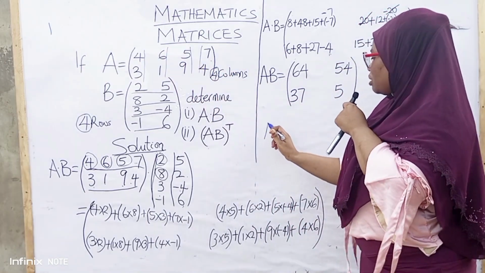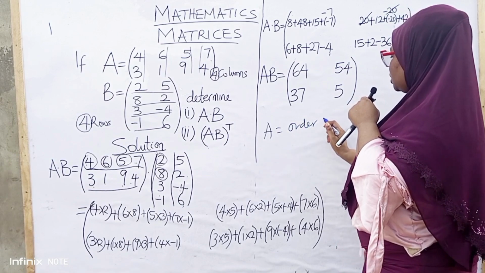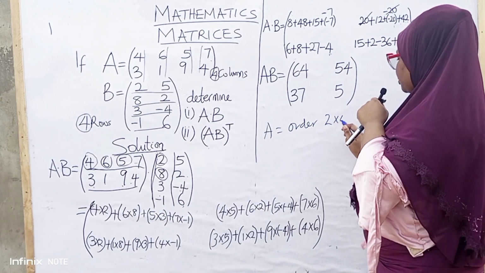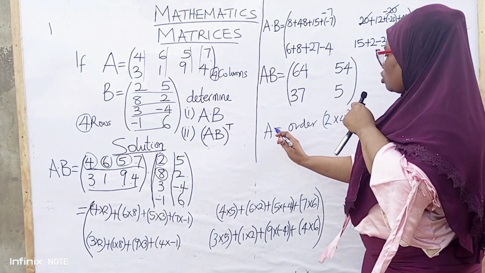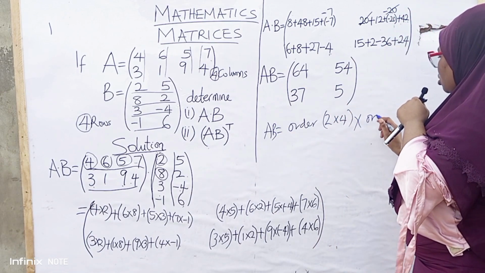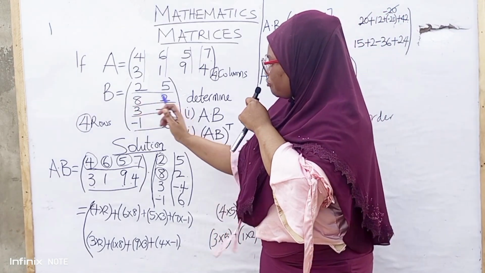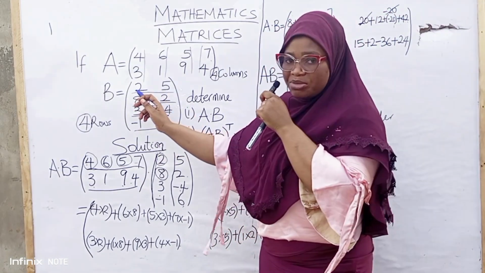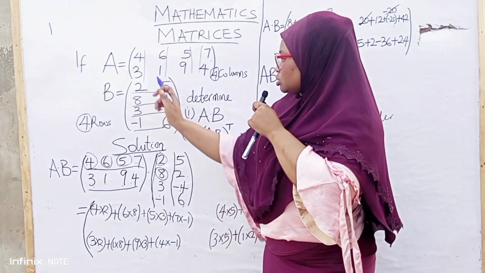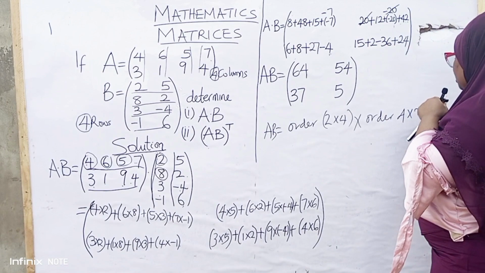So the order of matrix A is 2 by 4. So I want to multiply it by the order of matrix B. What's the order of matrix B? That is 4 by 2. So how many rows? 4 rows, 2 columns. So that is 4 by 2.